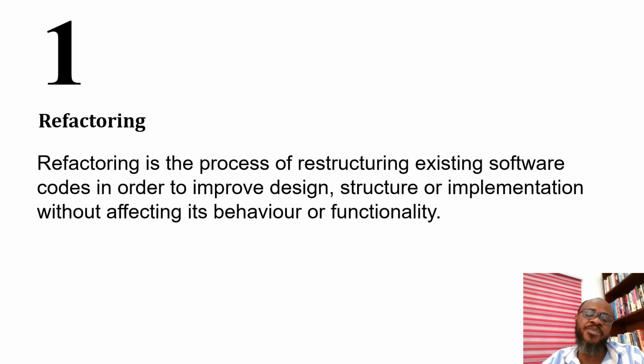So this is a very important aspect of Agile development, where we keep on improving the code without changing the functionality. Sometimes some of the code is even rewritten so that we can have better performance with our software.